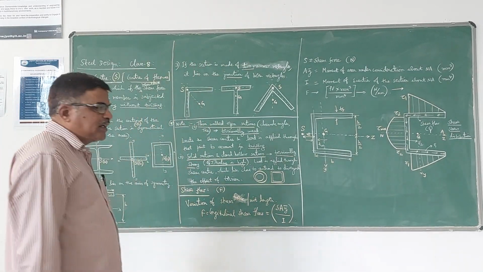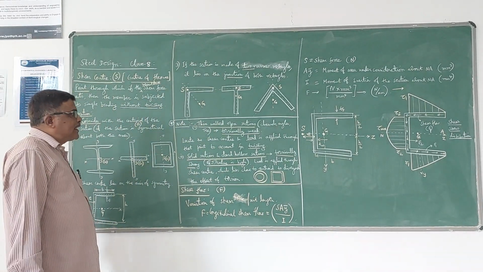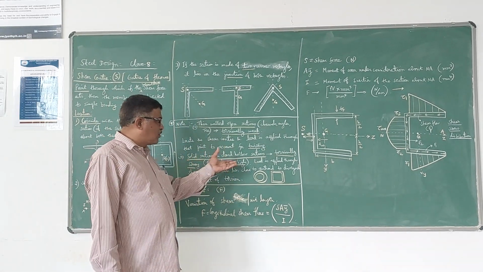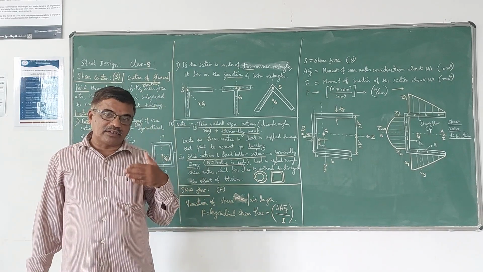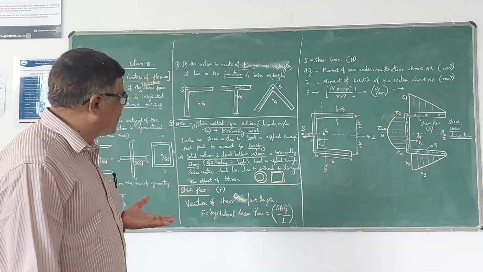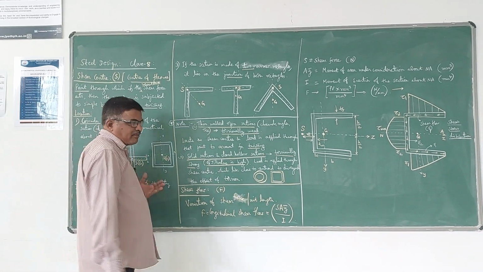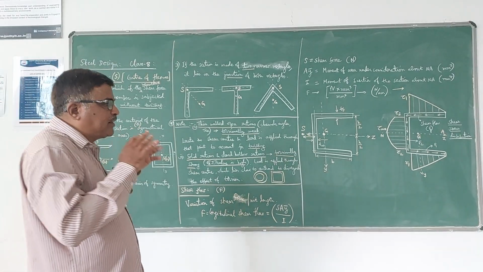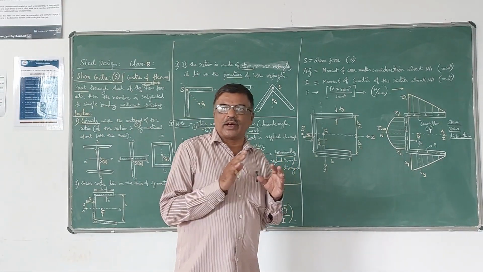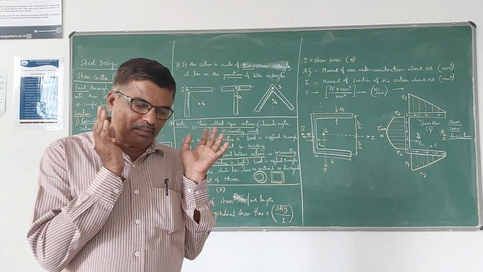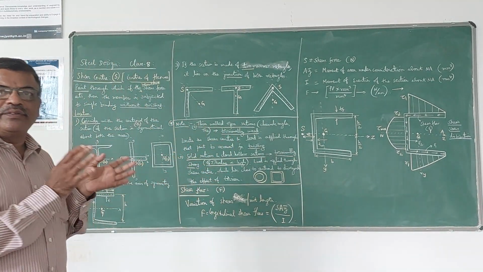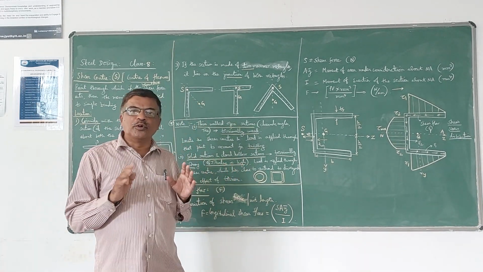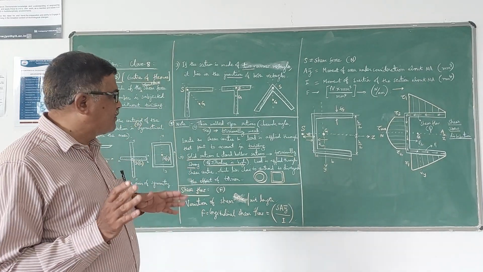So the concept of shear center is very, very important in the case of mainly thin walled open sections as well as in closed hollow sections or solids when they are subject to torsion, because to disregard the torsional effect, we have to locate the shear center, and as far as possible we have to analyze in such a way that the load has to be applied through the shear center. Then we can easily neglect the torsional effect. The member is subjected to only pure bending or simple bending without torsion.